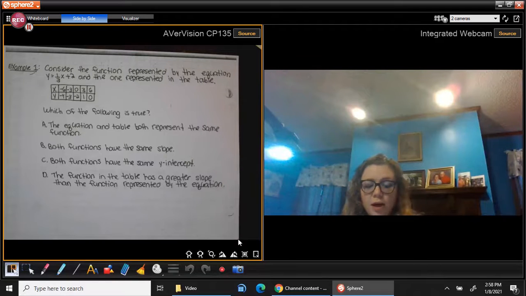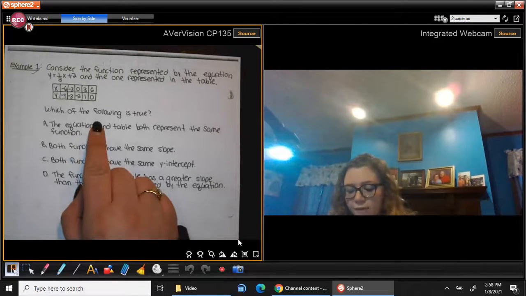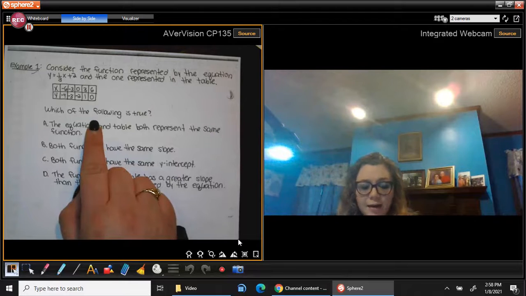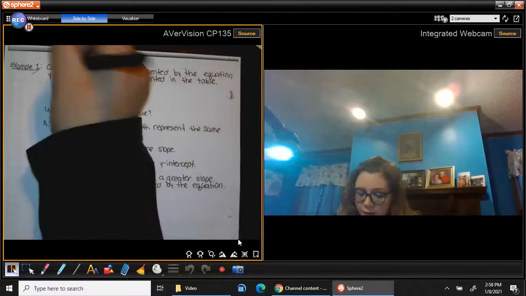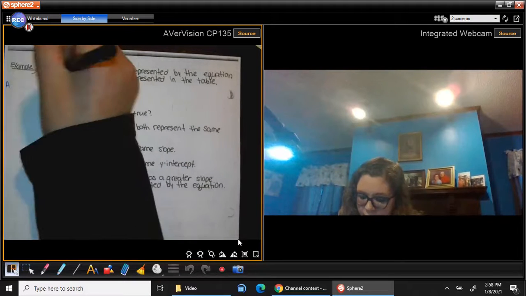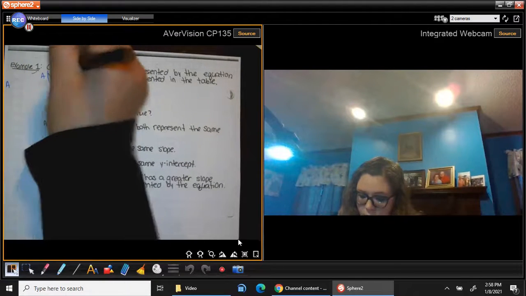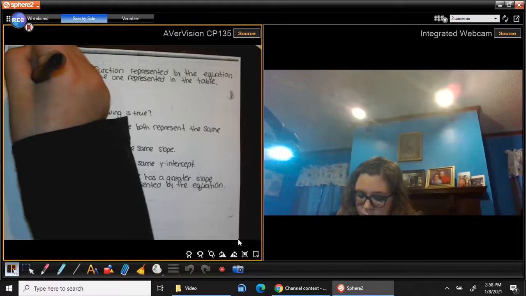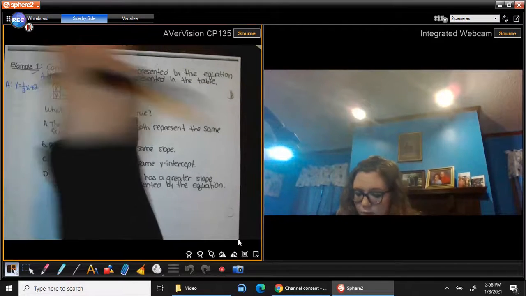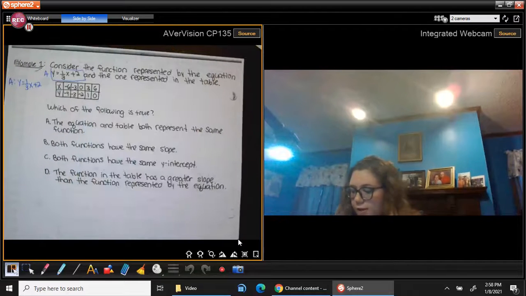And then it says which of the following is true, so I can have more than one answer. So I have this function, I'm going to call this one a, y equals 1/3 x plus 2. And then we're going to call this one b.